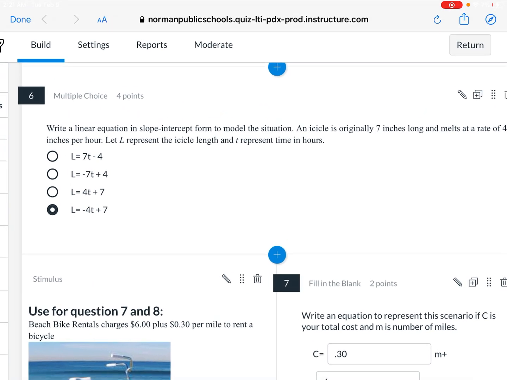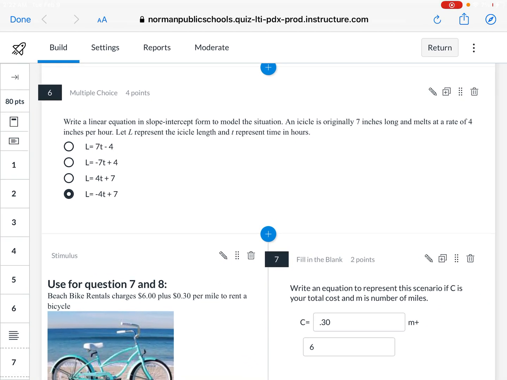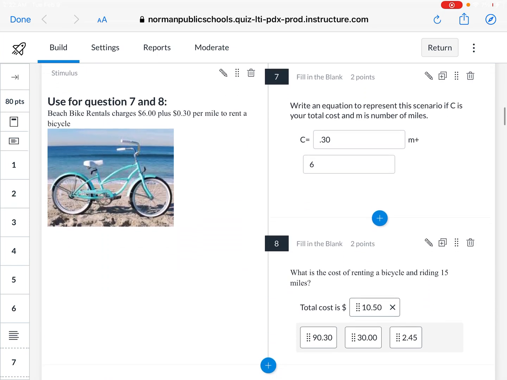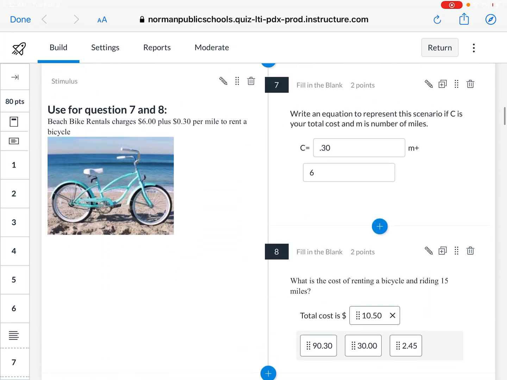You can see that on number 6, on my version, they're probably scrambled on your version, but you can see that L does equal negative 4T plus 7. And you can rewind and fast forward this video if you don't understand it, until you actually do understand it.